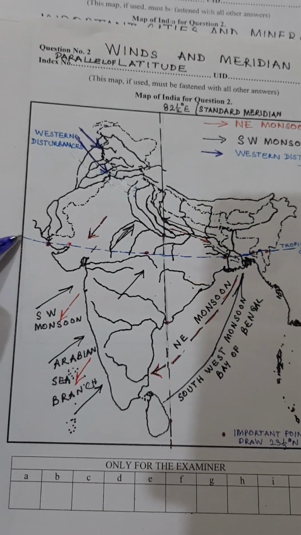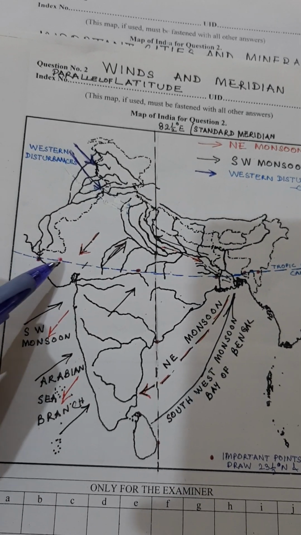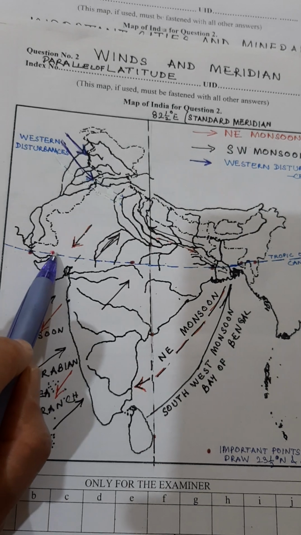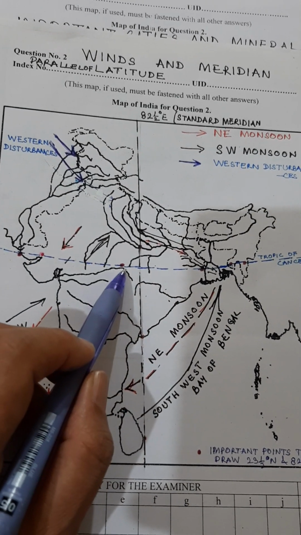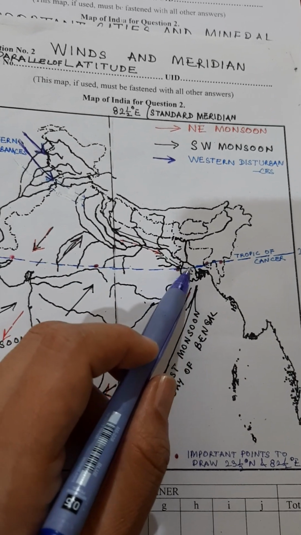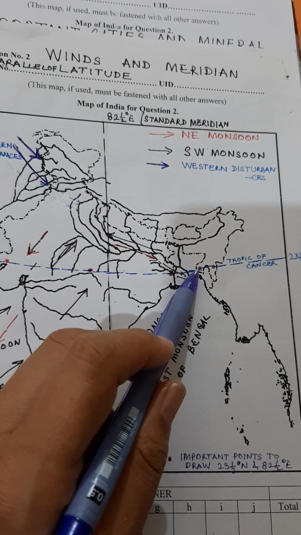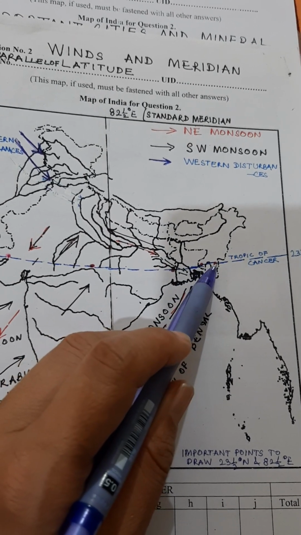So important latitude that we have to mark is Tropic of Cancer. So for Tropic of Cancer, see the points that I have marked. First of all, it is a little above the Kutch. It's not touching this point here. Then it is above river Narmada, not touching river Narmada. Then I have shown a point here, okay, where the Y touches the boundary, and it should cross through the two states here, that is Tripura and Manipur.